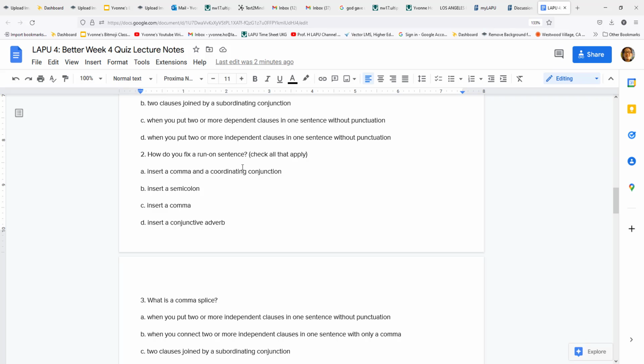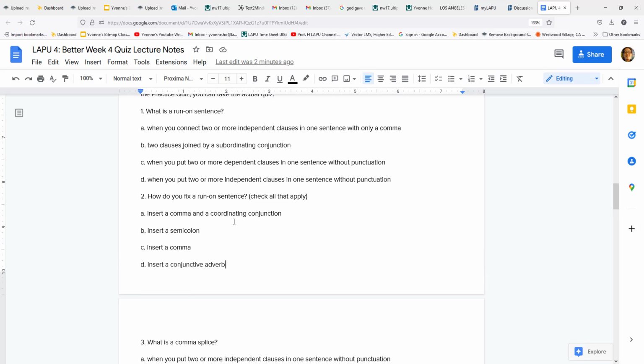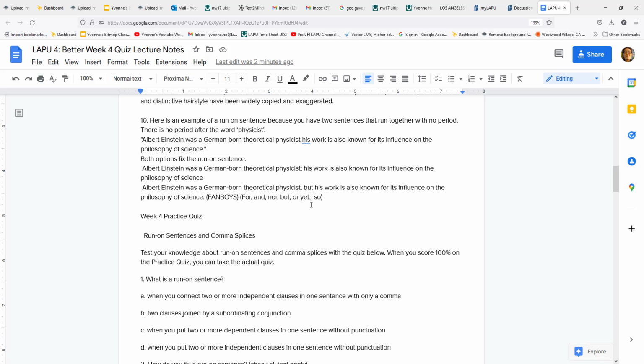How do you fix a run-on sentence? So check all that applies. Okay, so number 2 would be you insert a comma and a coordinating conjunction. So that's correct, A. You insert a semicolon, that's correct. You insert a conjunctive adverb. Okay, I forgot to mention that all of these are also known as conjunctive adverbs.